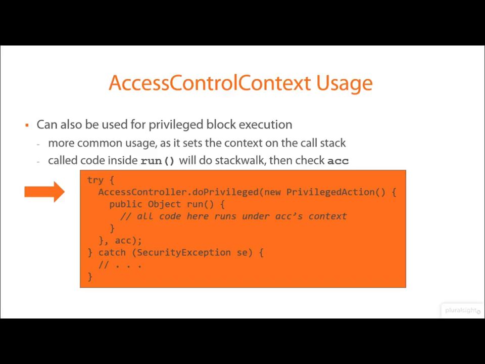We call access controller.doPrivileged, and we create a new privileged action with a run method. When we do this, the run method will execute. Notice that we can pass this an access control context to use inside the run method, or we can just use the current access control context. Either way, for the code that runs inside this run method, the access controller permission check is done here. We don't try and walk the stack any further.